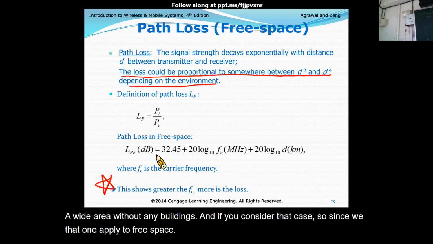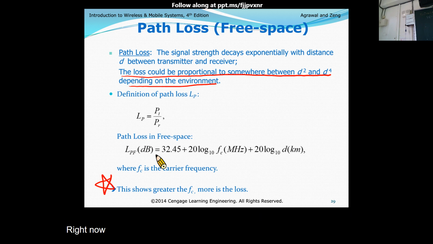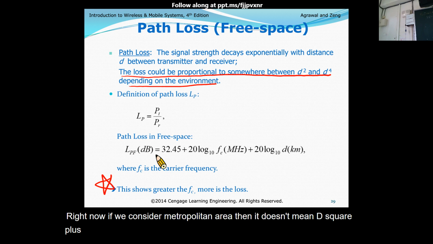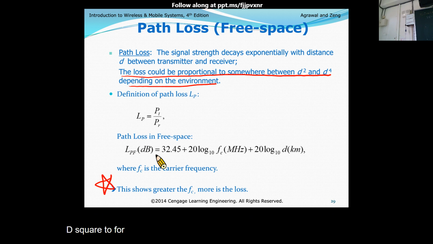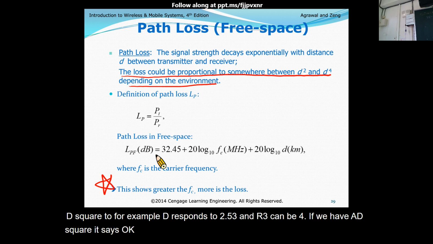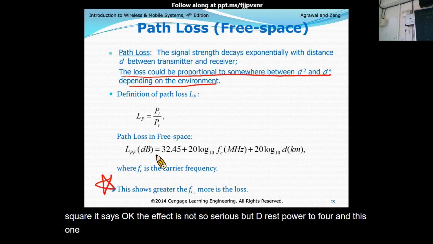But if we consider a metropolitan area, then it doesn't mean d squared, perhaps d raised to the power of, for example, 2.5, 3, and actually it can be 4. If we have d squared, the effect is not so serious, but d raised to the power of 4 is really serious.